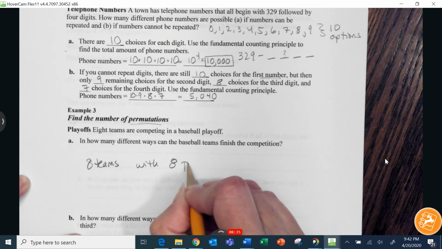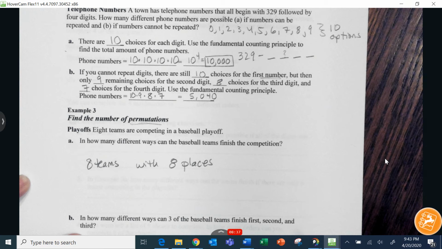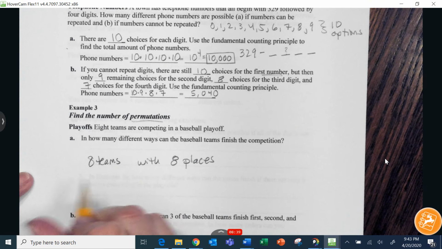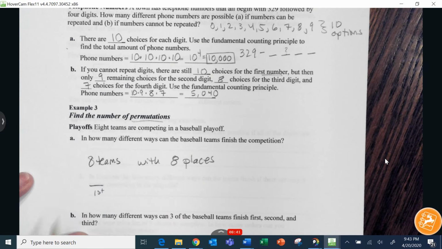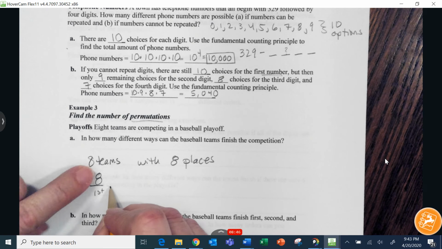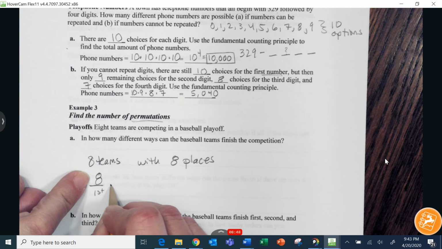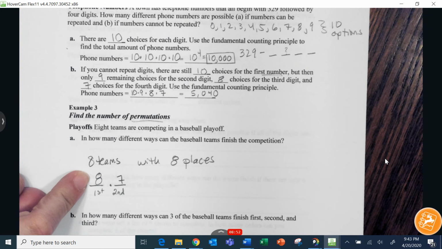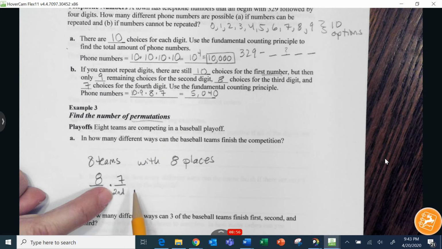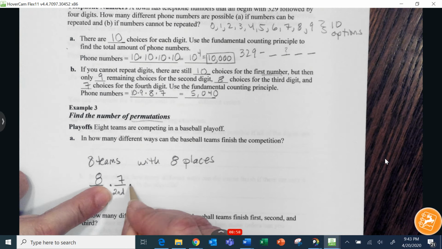For that first place, we have 8 teams that could possibly come in first. But once that first team is chosen, for second place, we only have 7 teams left, because the same team cannot happen. So this is basically telling me that we cannot repeat teams.